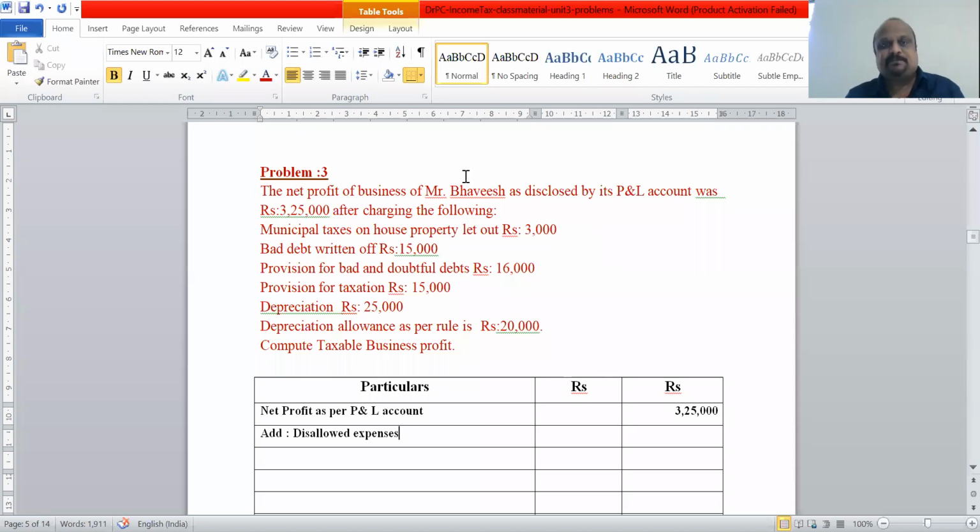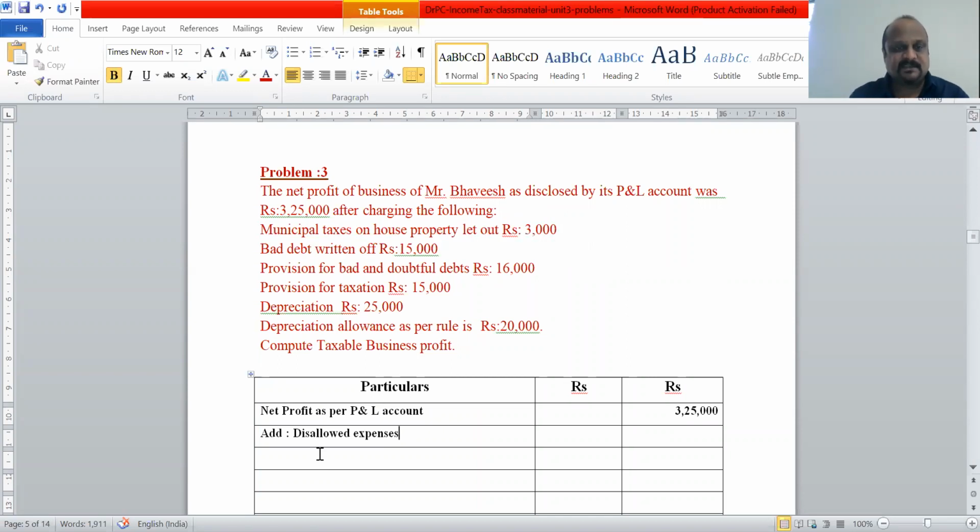This person, Mr. Bhavish, has got house property, and he has given it on rent. For that house that he is owning and receiving rent, he has paid a municipal tax of 3,000 rupees. This municipal tax on house property let out is personal in nature, so we cannot allow this as an allowable expense.